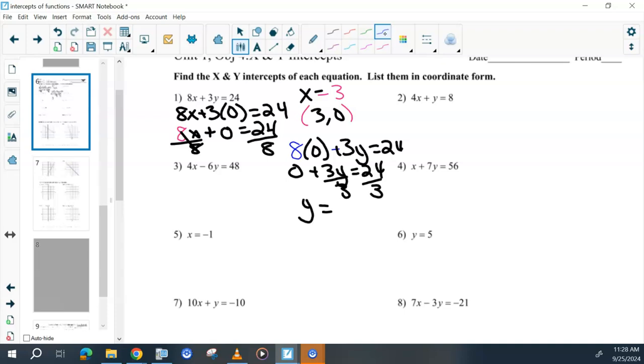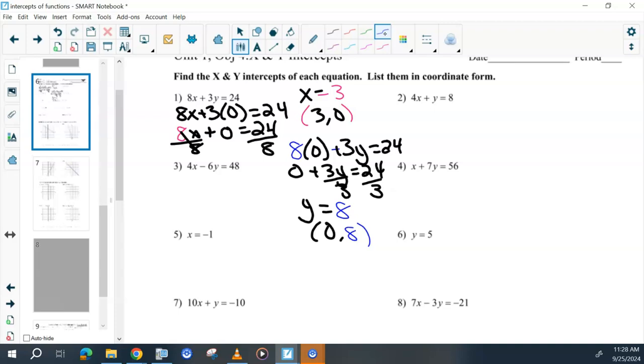So that y is what number? What's the last thing you do? 4. So I would write that as 0, 8.